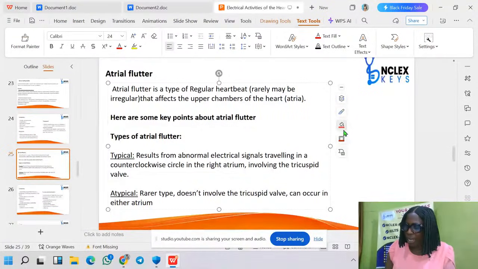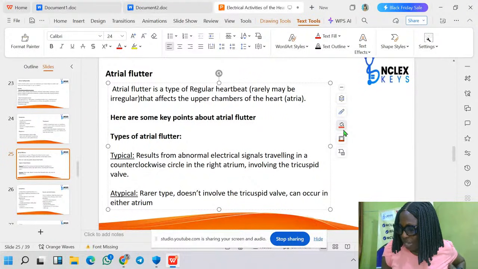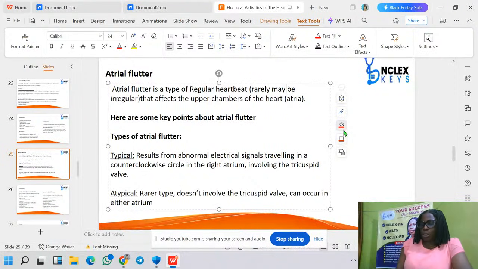You can see like there is a continuous small letter M in between the ventricles.